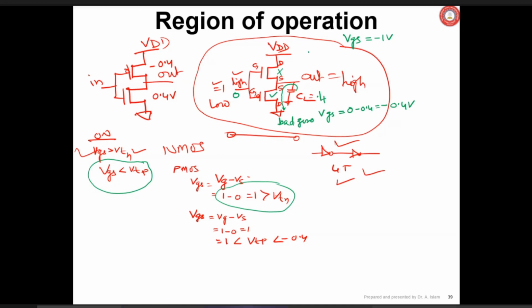Here it was giving weak 1, and it is giving bad 0. The output voltage should be 1 here, but it is going to be something like this: 0.4 volt, and this is 0.6 volt. This is the output of this circuit. High is 0.6 volt, low is 0.4 volt. It cannot be a proper ground.